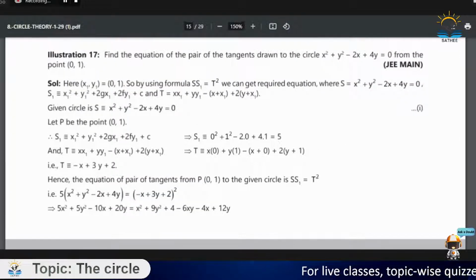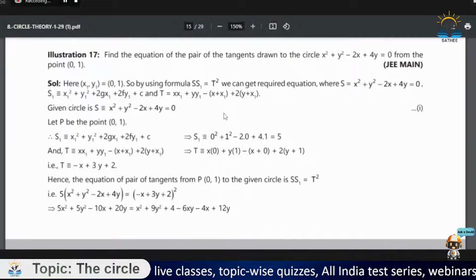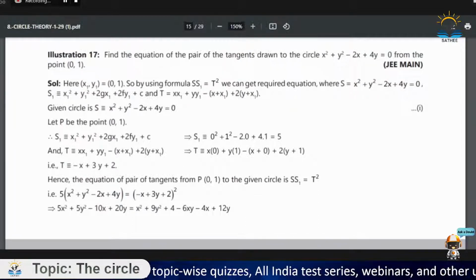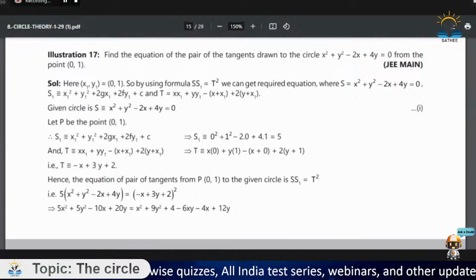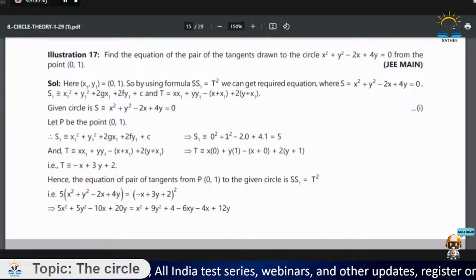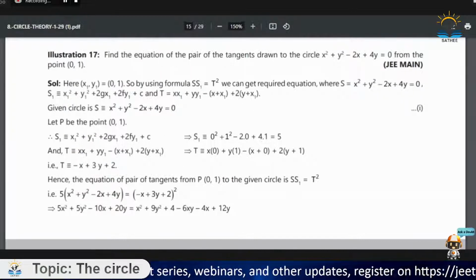So how are we applying this? We know the equation: S1 would be, we put this point in the equation, so we get 1 plus 4y, that is 5. The tangent's equation comes out to be x x1 plus y y1 minus x plus x1 plus 2 times y plus y1.